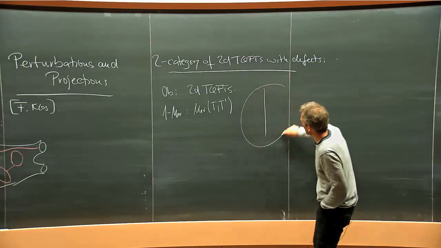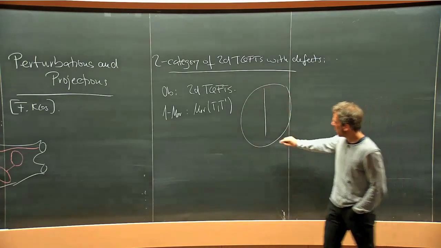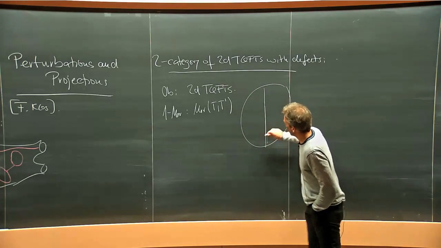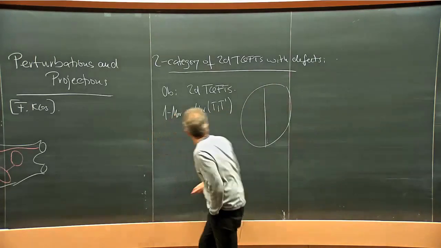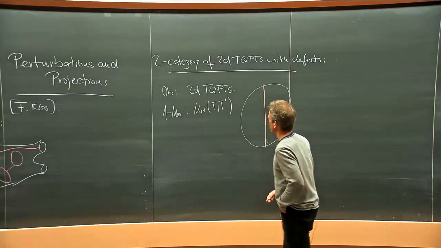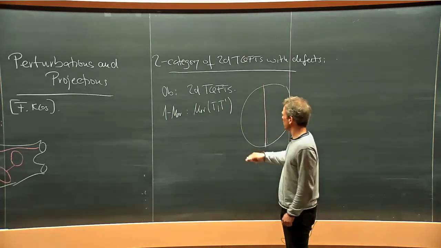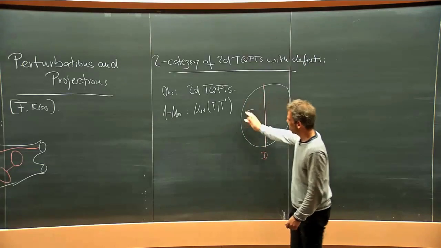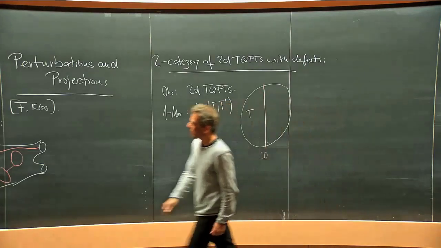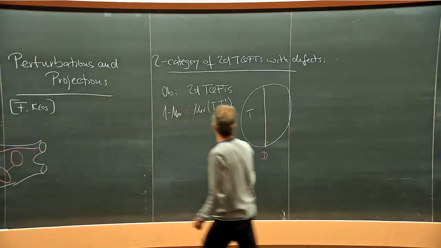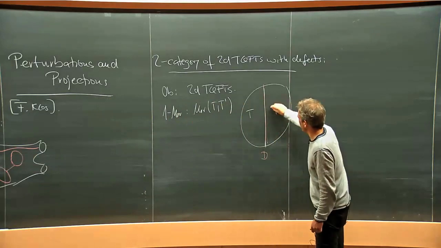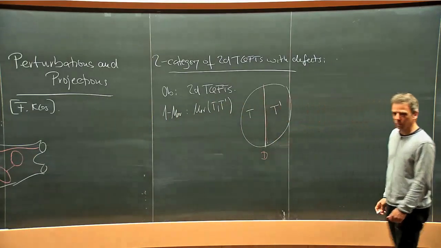So if you look at part of your space-time here, you might have some defect line here. I think I drew that red. So let's call it D. And on this side of the defect, the quantum field theory is governed by the 2D TQFT T, and on the other side it's governed by T prime, and they could in principle be different.